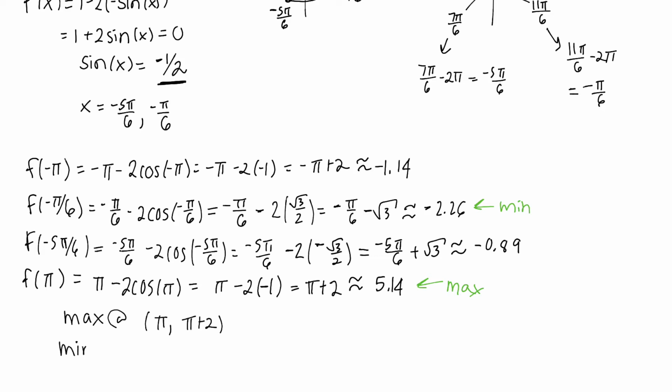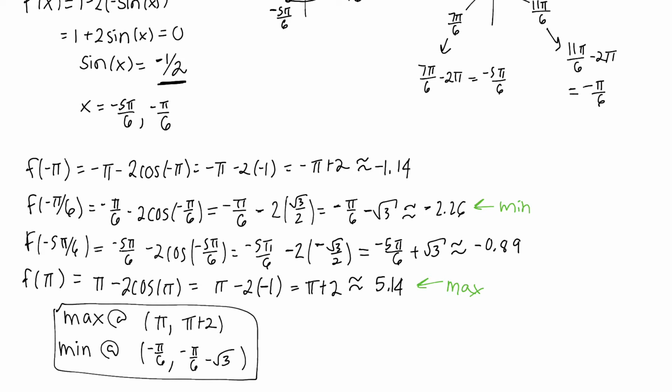And we have a min at negative pi over 6, comma, negative pi over 6 minus root 3. So I know that was a slightly more tricky one, but are there any questions on that one?